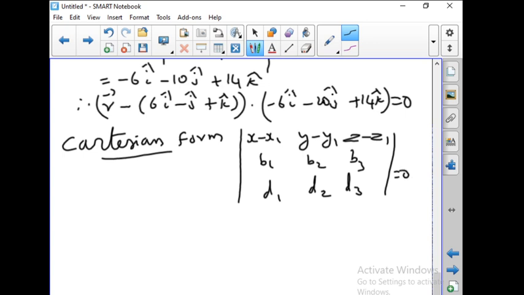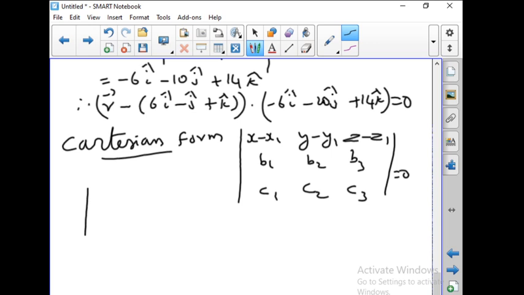Okay, what is given in your book? In your book they have taken C1, C2, C3. So C1, C2, C3 also can be taken. So what is the determinant?